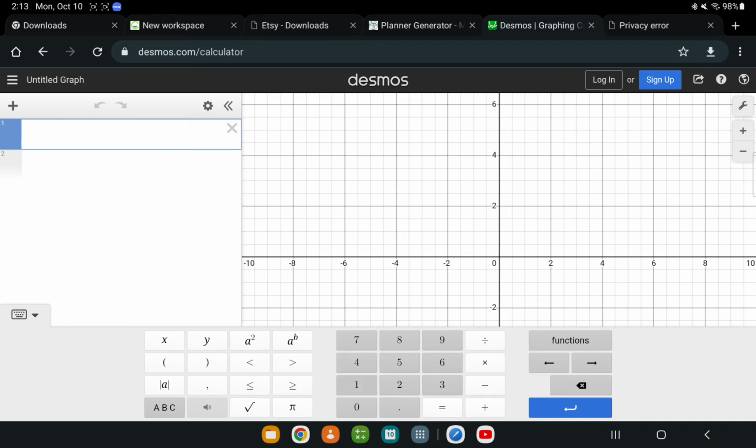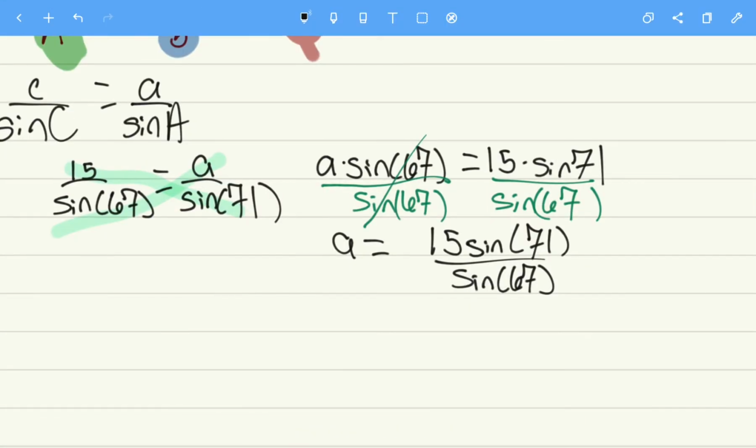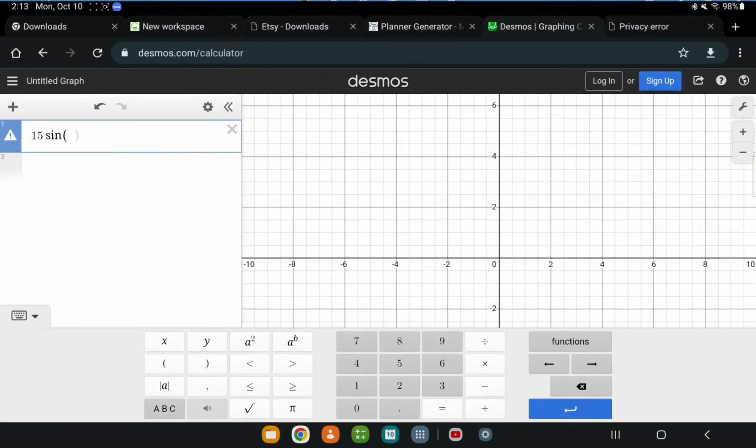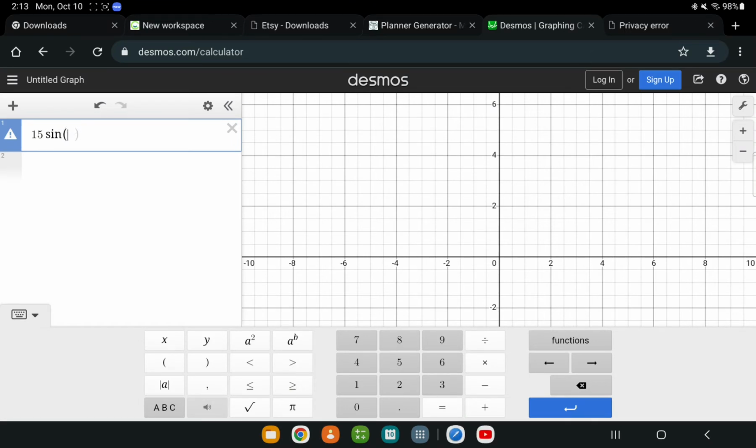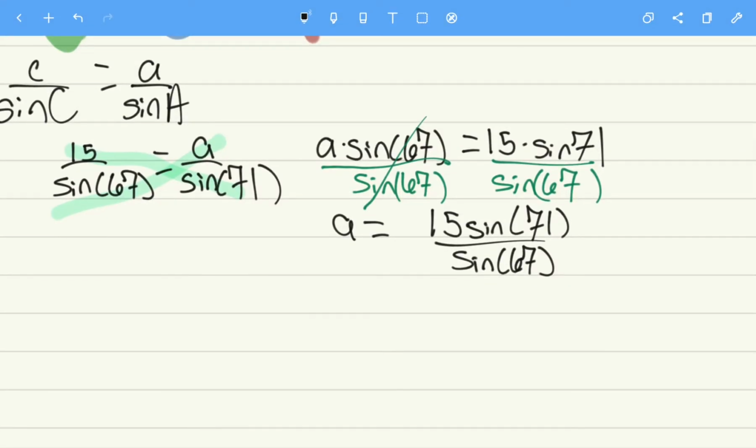So to do this on a calculator, we're going to do 15 times sine of 71, close parentheses. Now divide that all by sine of 67. Now make sure your calculator is in degrees, and we got 15.4.